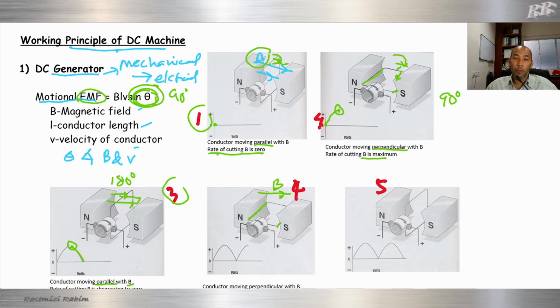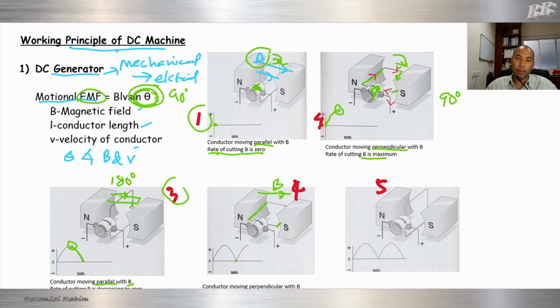Why is the waveform still a positive waveform? Based on this commutator, first let's say this commutator rotates here, so current will flow in that direction.